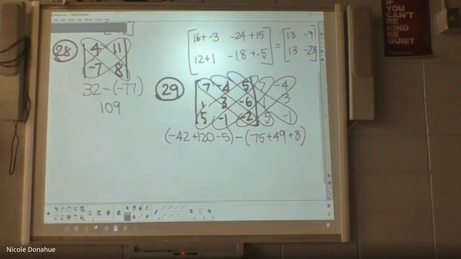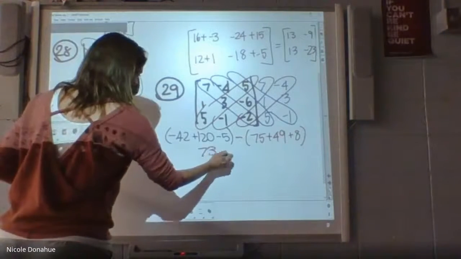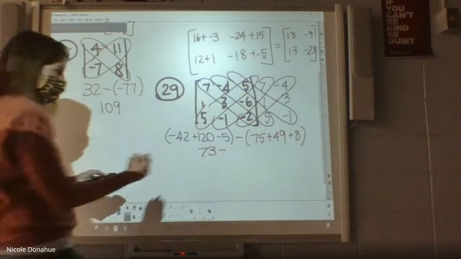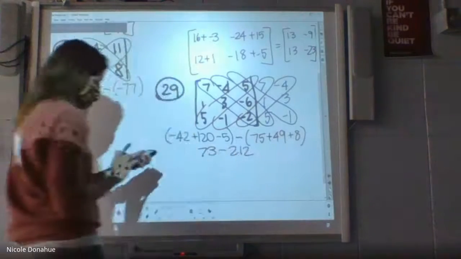So over here I get 73, I think, minus 212. Is that right?